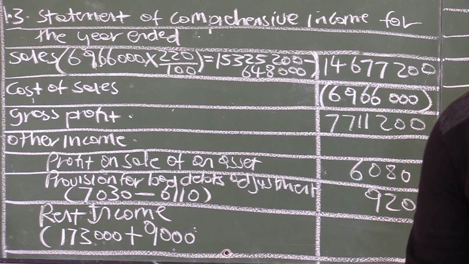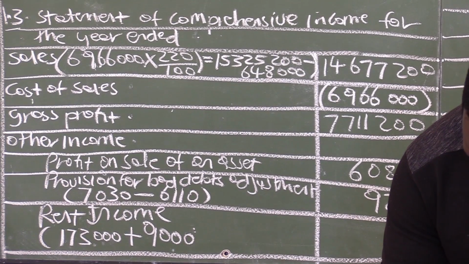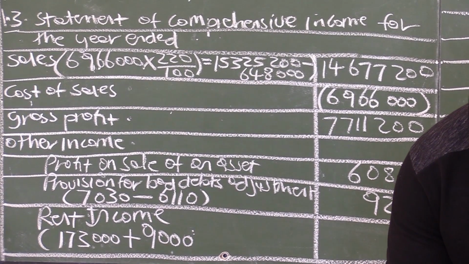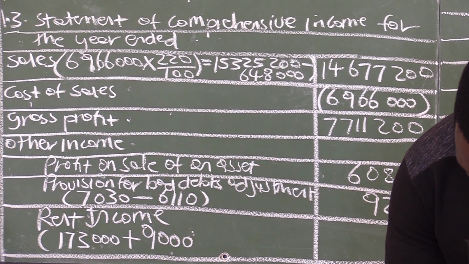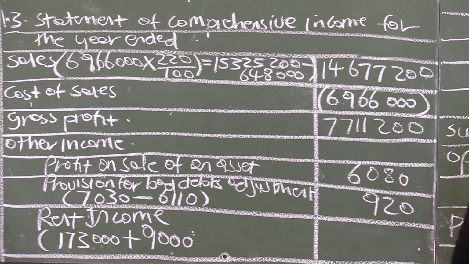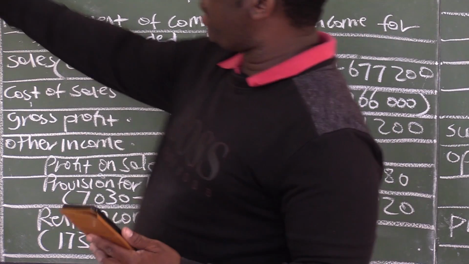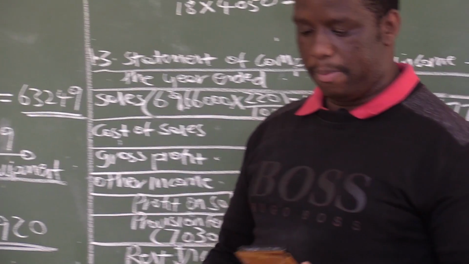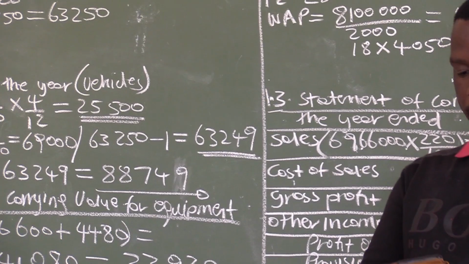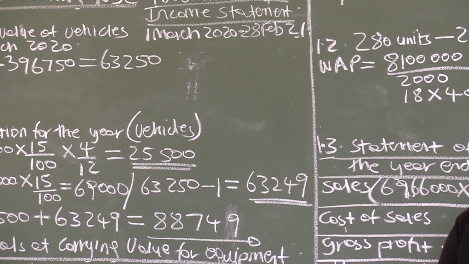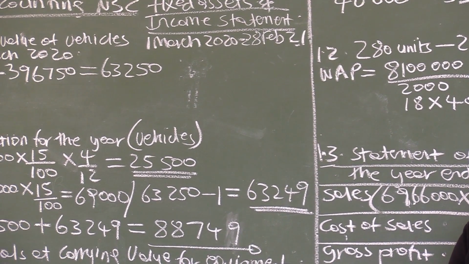That's the full amount for rent. But we are told that the rent for March 2021 was received in advance. So it means that this 182,000 now is for 13 months, because our accounting period ends on the 28th of February. So we need to divide this to find out the monthly rent.